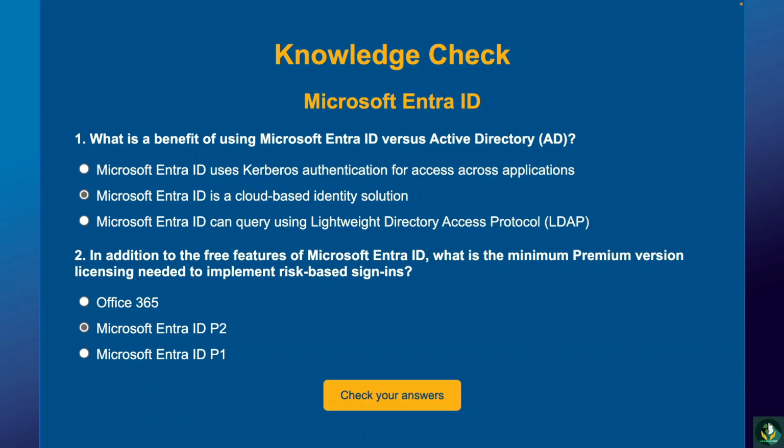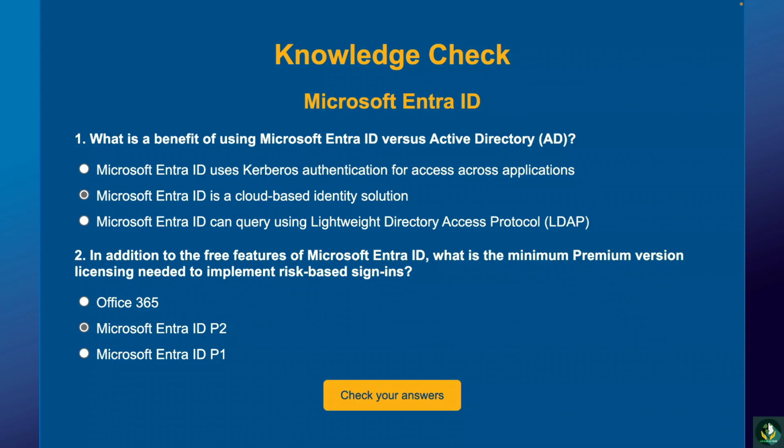Other options, Office 365, for example, while it includes some Microsoft Entra ID features, it doesn't provide advanced security capabilities like risk-based sign-ins. As for Microsoft Entra ID P1, it offers many premium features but doesn't include the advanced security and identity protection features found in P2.